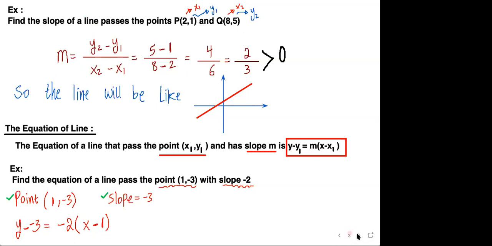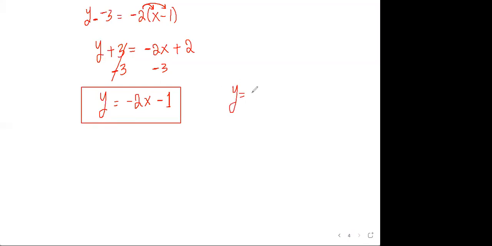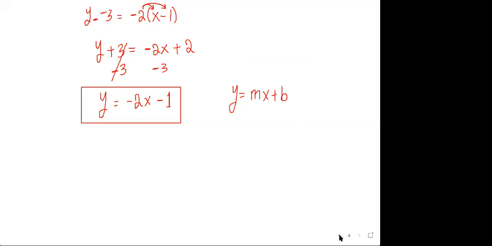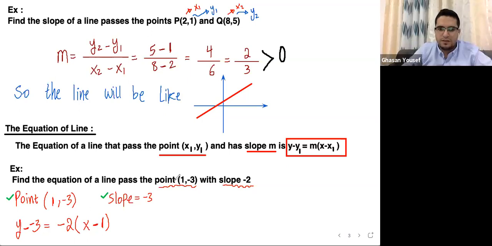But here, what's your formula? It's y equals mx plus b. What is your b here? What's the intercept? That is what we want to find to be able to have the equation. We know the point and we have the slope, but the b here is not given in the question.